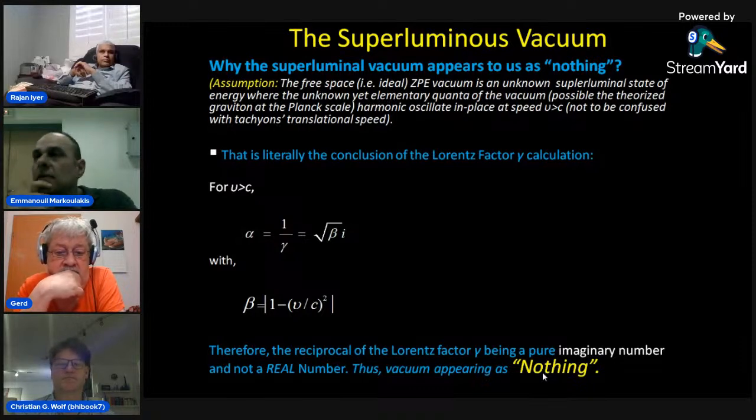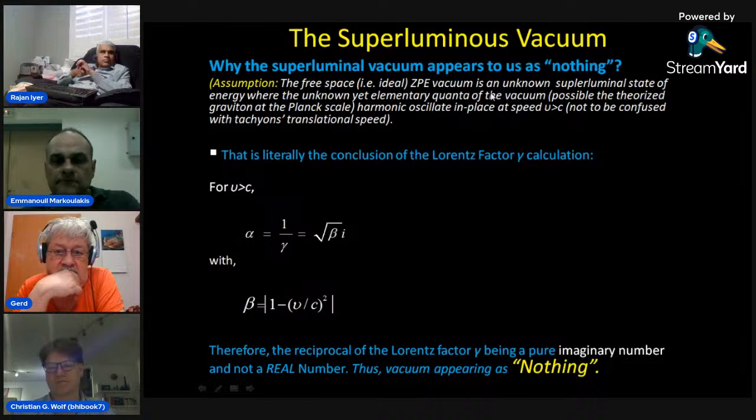What do special relativity maths conclude? So the assumption here is the free space, the ideal zero-point vacuum, zero-point energy, but it's not actually zero. It's a non-zero value, but it's very small. It's called zero-point vacuum, so it's the ideal vacuum.